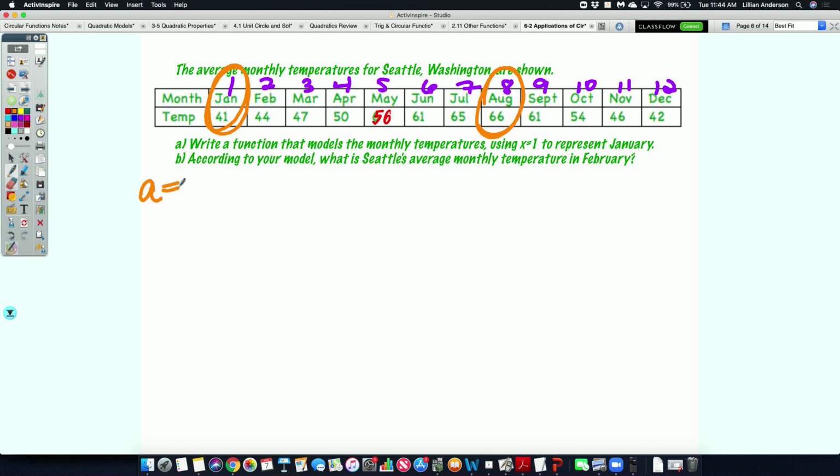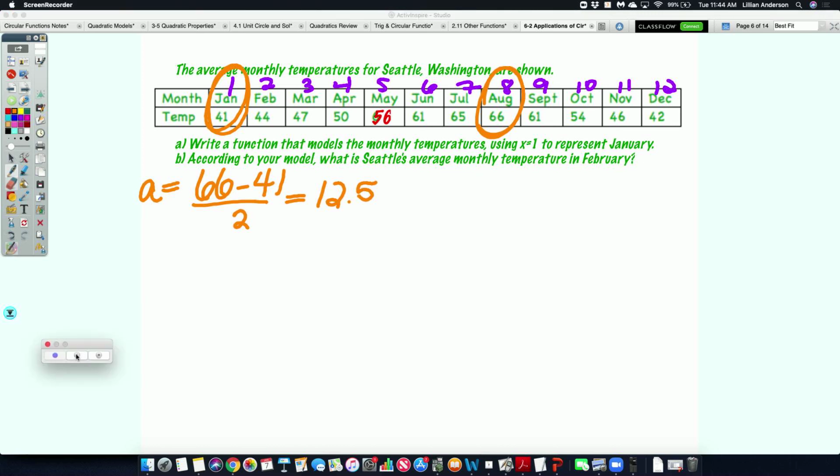What's the formula? Max minus min over 2. That's how I can get my A. 12.5? Yes? All right, we got 12.5.